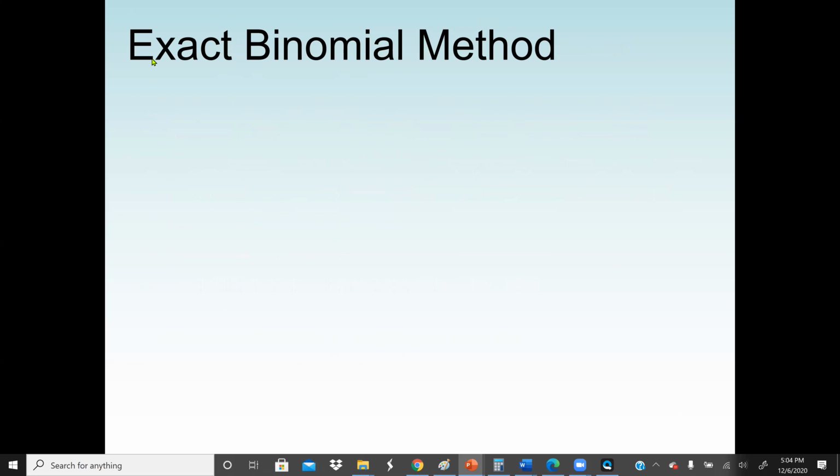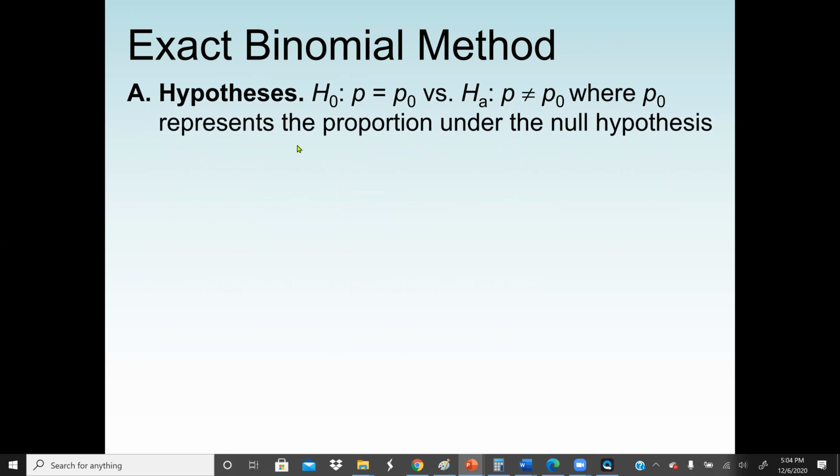So let's go through what the exact binomial method is. We use it again for hypothesis testing, testing our categorical data, so we're testing the proportion. We say p equals p0, which is the claim of the null hypothesis. If that's the case, HA will be either not equal, less, or greater than.